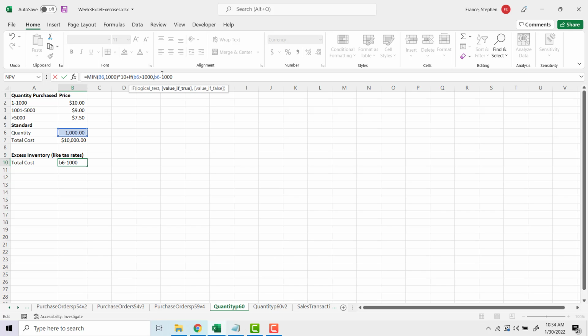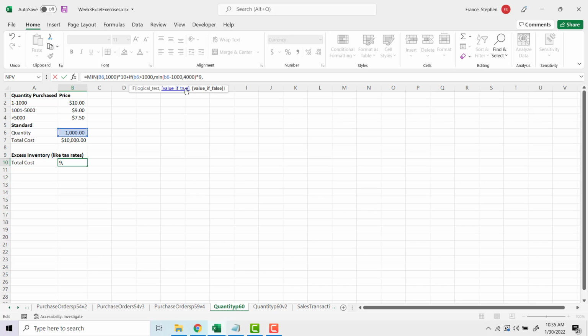But there's a maximum of 4,000 here, because if we go over 4,000 in this range, we're going to be in the next range. So again, we can't go over 4,000. If B6 was 5,000, which made it 4,000, that's the maximum of our range. And then we multiply this by 9.